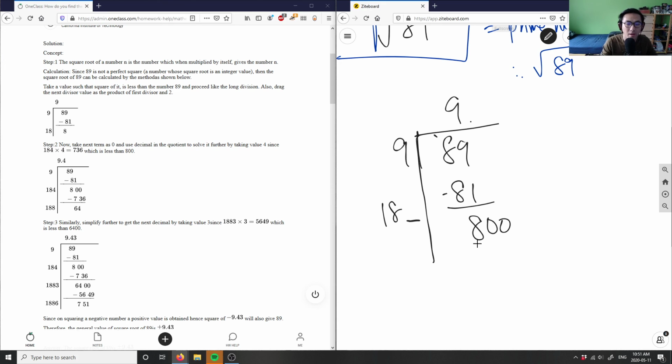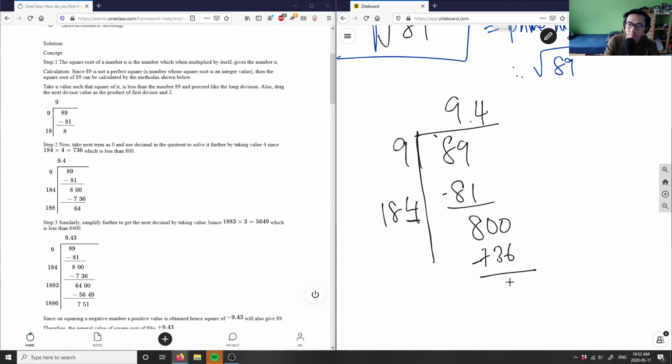I can use my calculator: 181 times 1 is 181, so that's not correct. 182 times 2 gives me 364, so we're getting closer. 183 times 3 would give me 549, and 184 times 4 would give me the closest number, which is 736. So this here is 4, and I would get 736 here.